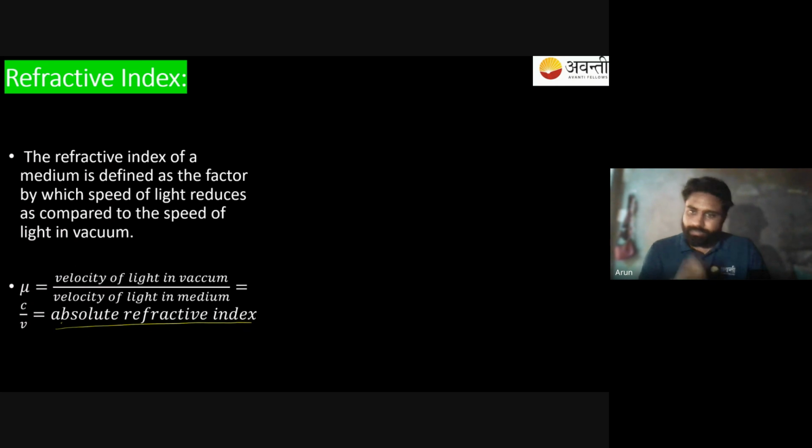Suppose there are three students, Ramu, Shyamu and Ganesh. If I measure the height of each by meter, Ramu is 5 feet, Shyamu is 6 feet, and Ganesh is 4 feet. These values are the absolute ones. But Ganesh is the smallest and Shyamu is the largest.